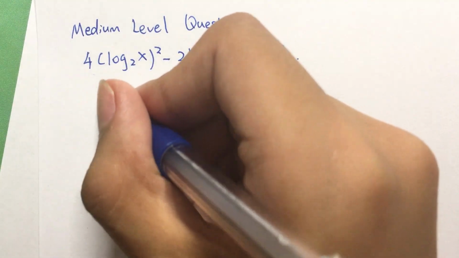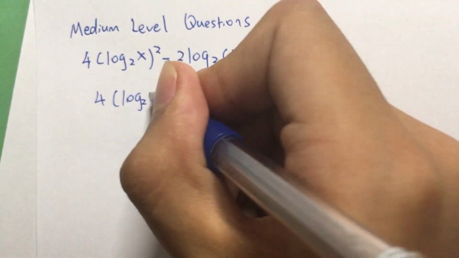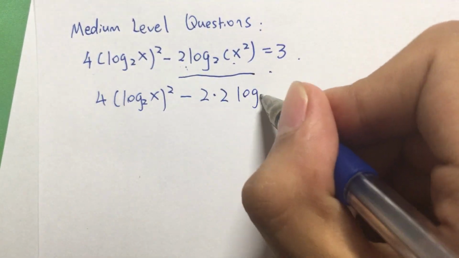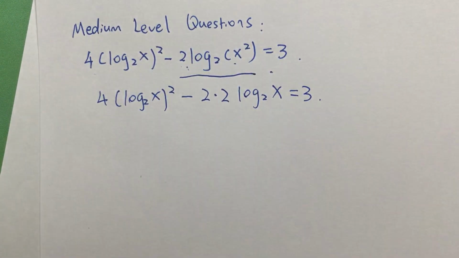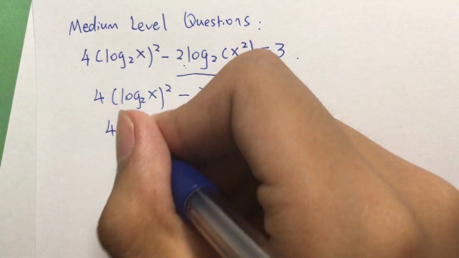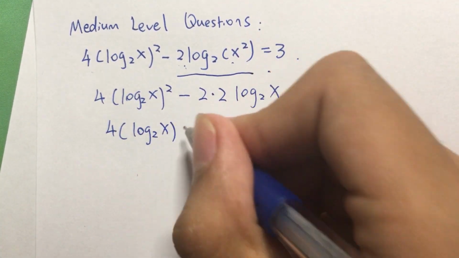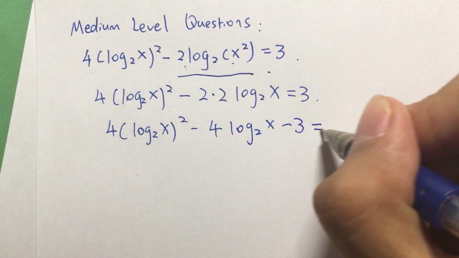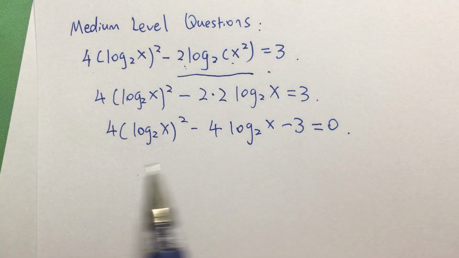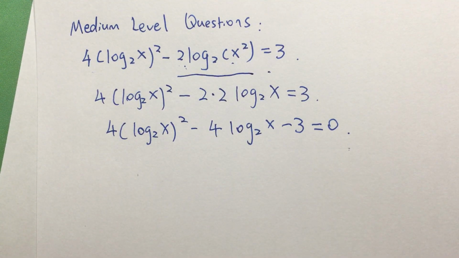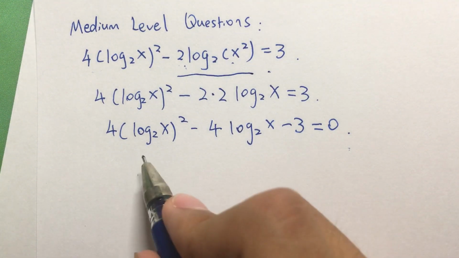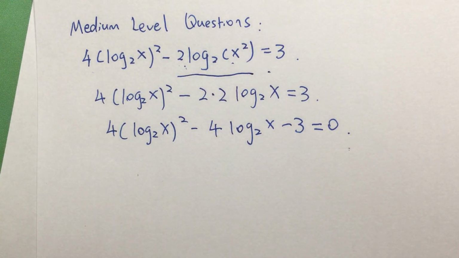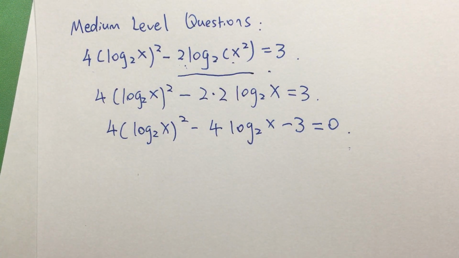So which becomes 4(log_2 x) squared minus 2 times 2 log_2 x equals 3, which is 4(log_2 x) squared minus 4 log_2 x minus 3 equals 0. And what do you think about that? Do you feel you have seen this before, or it's very familiar to you? Yeah, that's the quadratic equation, right?